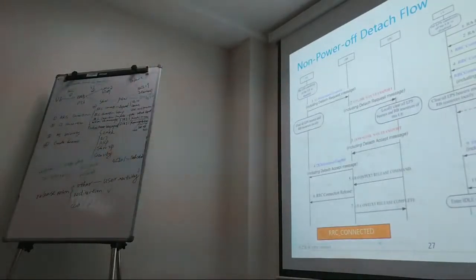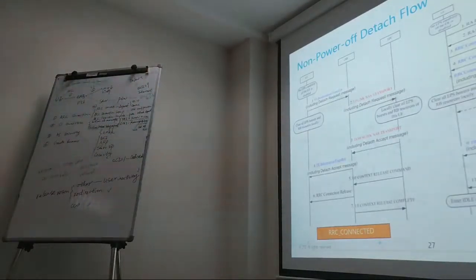So it will send a UE context release command to the eNodeB, and also send a detach accept to the eNodeB. The eNodeB will send this to the UE side, and the eNodeB should also let the UE release the RRC connection. So this is the detach at the connected state.